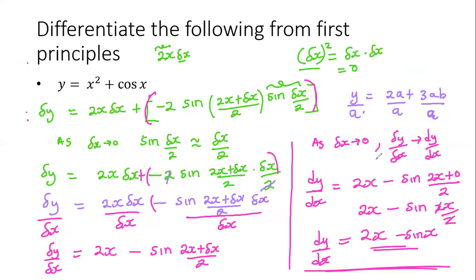I just want you to first explain why you divided everything by delta x. At the end of the day, your aim is to find dy/dx.